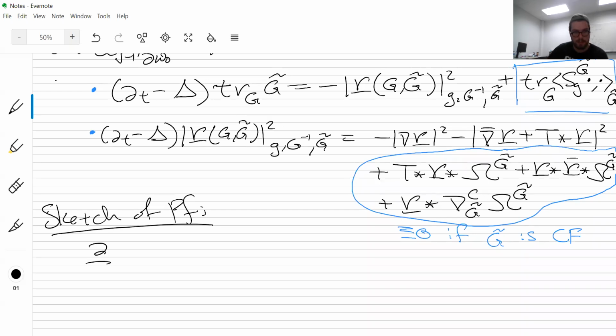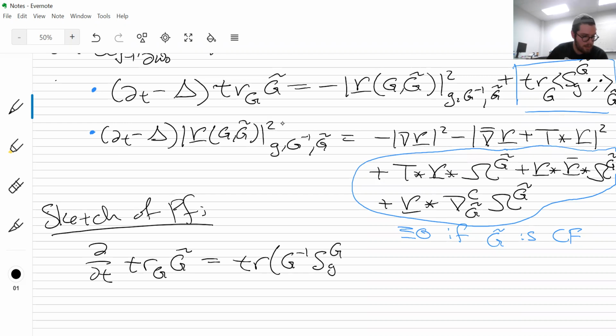So you can notice that d/dt of trace G tilde is going to be the trace of G inverse S G G tilde, where everything is an endomorphism.